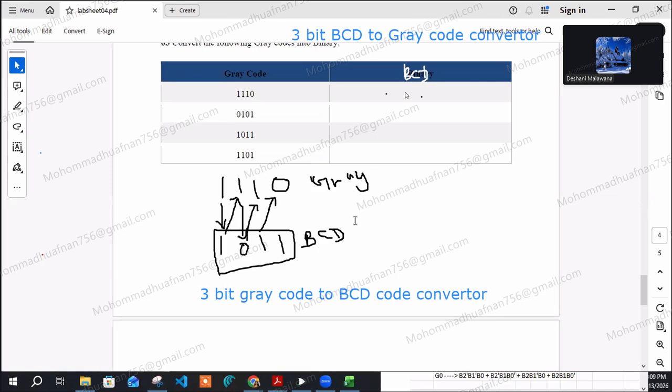Then after the truth table, you have to generate the equation by using the K-map. Then finally come to the Logisim software and, through the logic tools, you can generate the logic circuit. Do this one. I need the answer from all of you. At the same time, if you have any issue, please ask, okay?